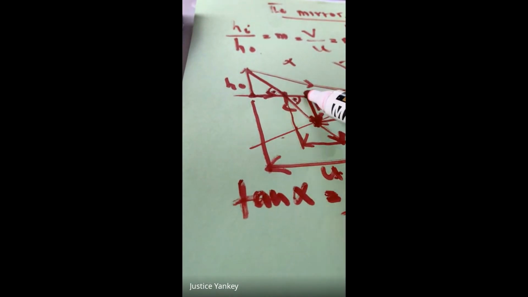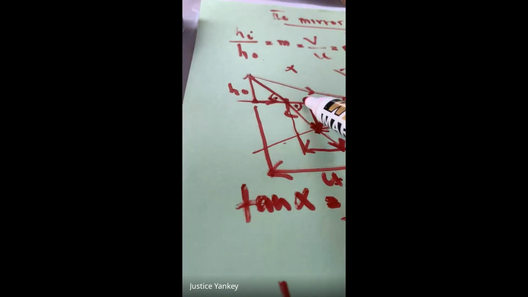For the second triangle involving the image, tan alpha, the same tan alpha, will be opposite over adjacent. The opposite is the height of the image divided by this distance, which is c minus v.